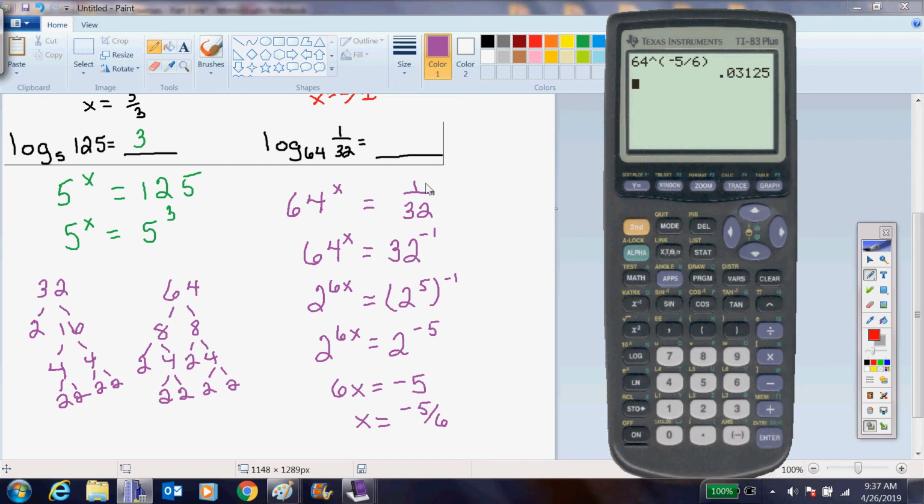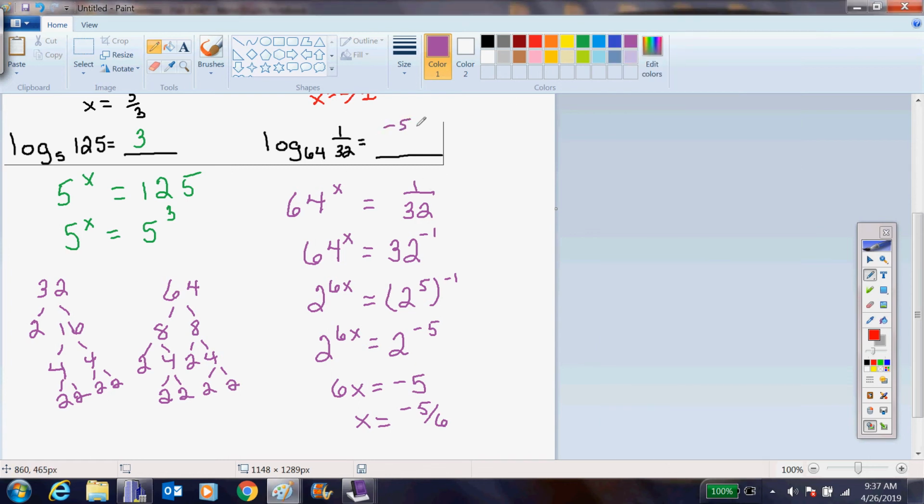And that gives us that, but I want to see it in its fraction form. 1/32, and so yes, -5/6 is our actual answer here. So you can use your calculator to check. It just may not be necessarily with the log button. There is a log button, but it's not used for that.